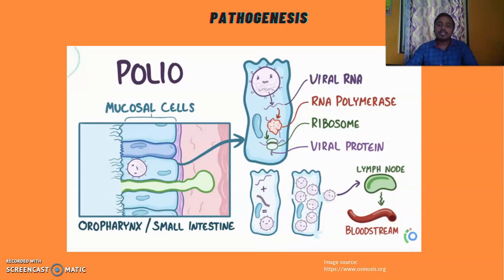Usually the virus will not do its replication or production of protein outside any host cell. Only after entering inside a host cell, it will make use of the host machinery to produce its viral proteins. So you can see here, the viral RNA will take the help of RNA polymerase.